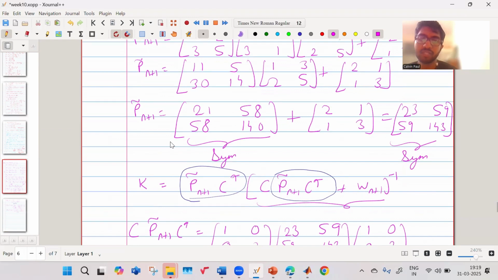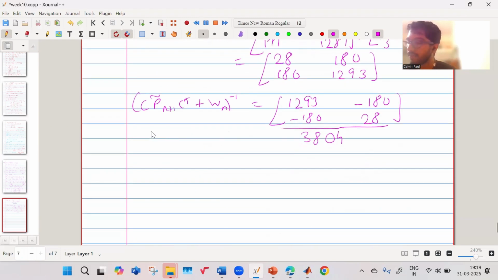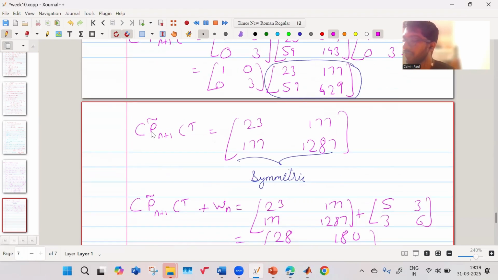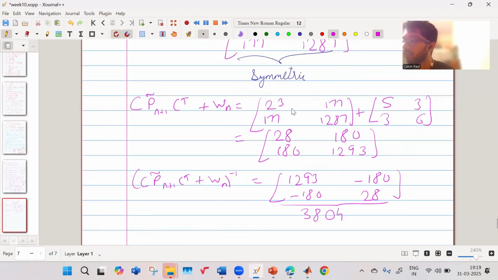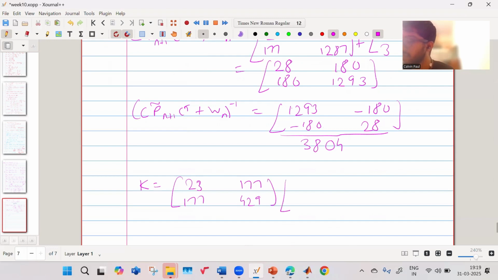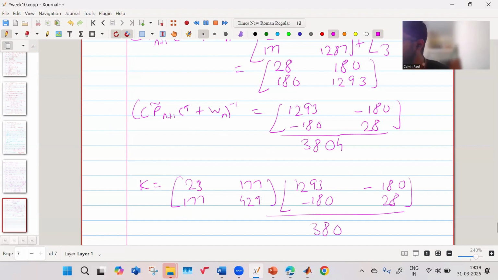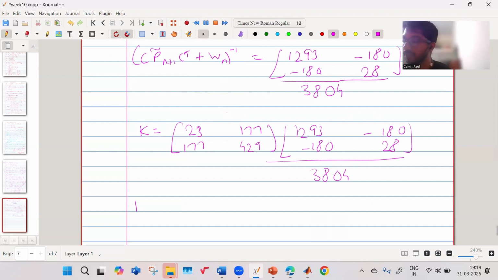Okay, so now the next step is we have to find this K. K is equal to [23 177; 177 429] into [1293 -180; -180 28], the whole thing divided by 3804. These things require a calculator only.